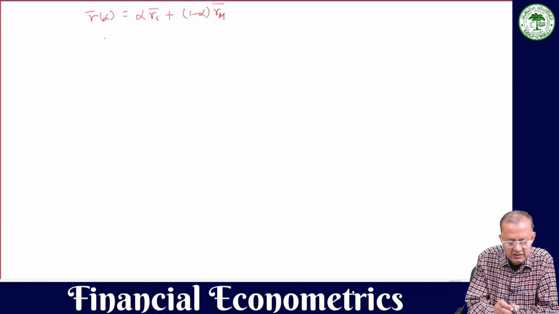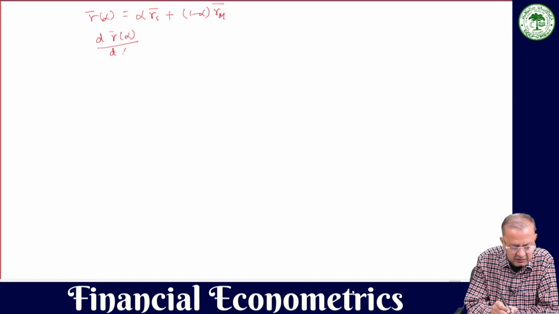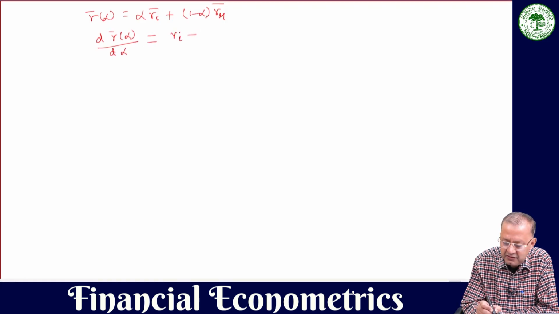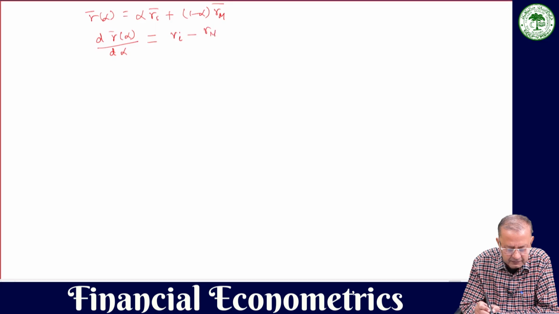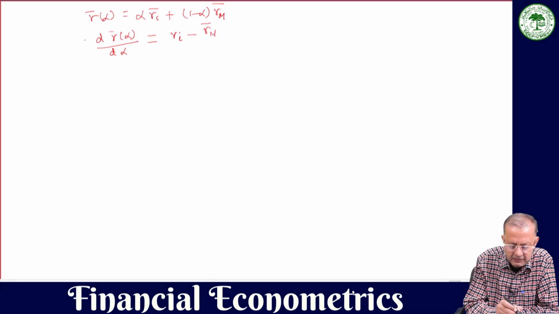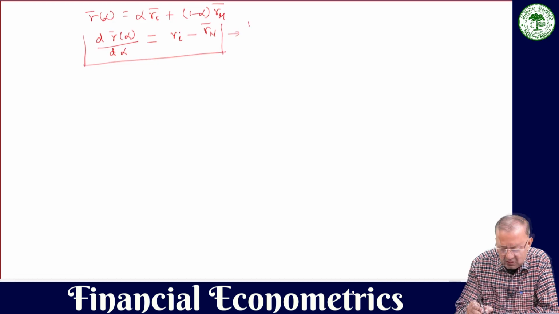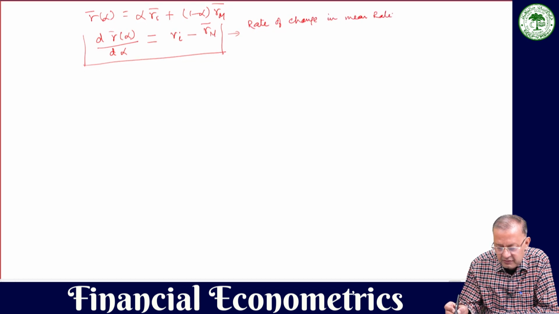So d r bar alpha upon d alpha, the slope of this line, will be equal to Ri bar minus Rm bar. Let me explain: rate of change in mean rate of return due to change in alpha.